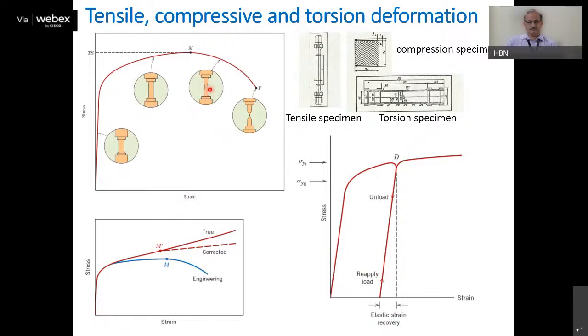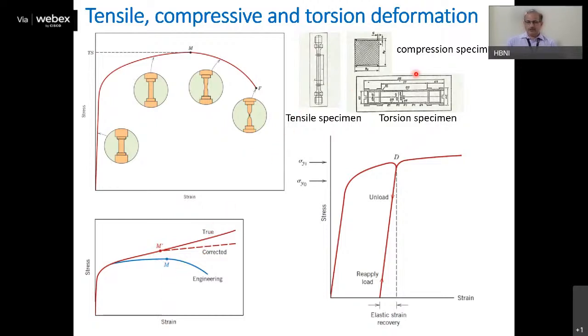The diameter has reduced. So this has to be taken into account in order to measure the true stress. So if you plot the true stress, the same stress-strain curve will be like this. So depending on the stress measure, whatever you take, this tensile strength can occur at different strain conditions.